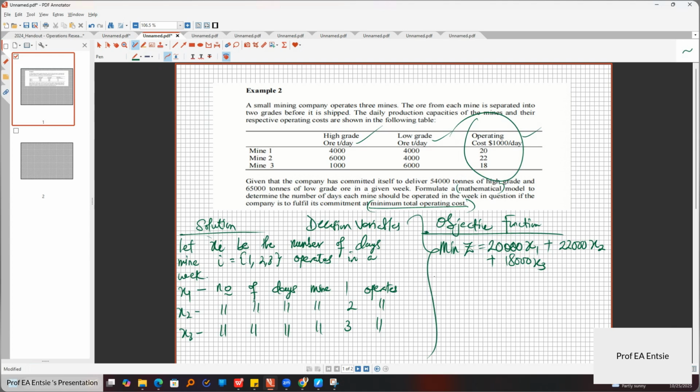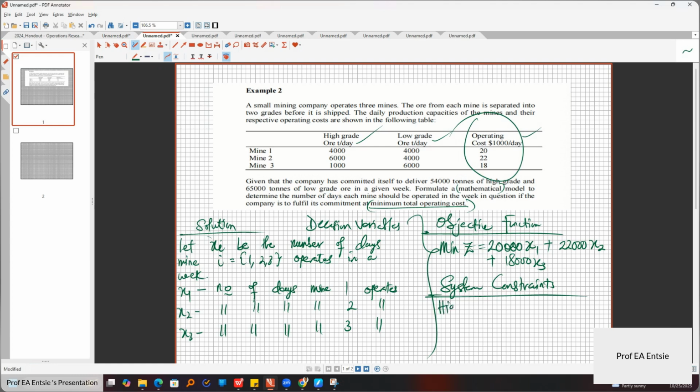Then after the objective function, we come to the system constraints. The system constraint is the scarce or limited resource.